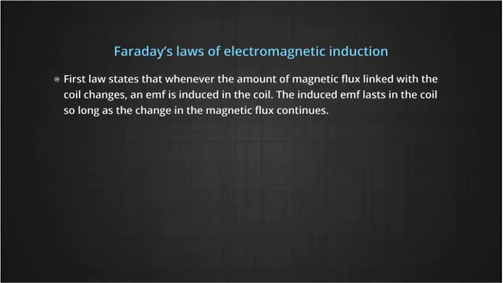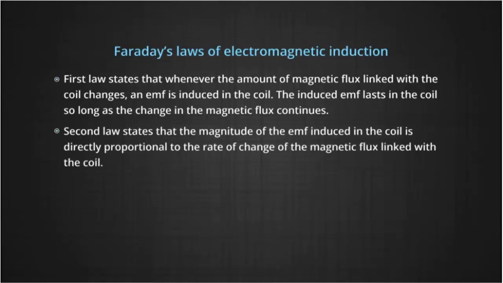The induced EMF lasts in the coil so long as the change in the magnetic flux continues. Second law states that the magnitude of the EMF induced in the coil is directly proportional to the rate of change of magnetic flux linked with the coil.